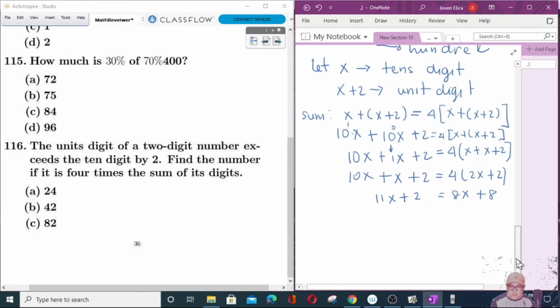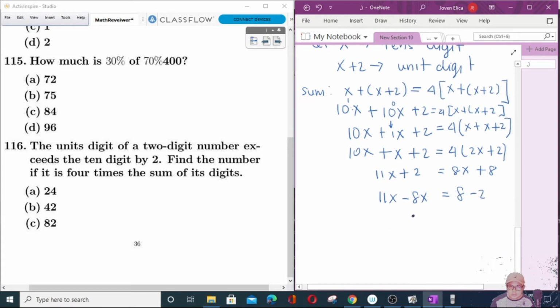Then transpose the 8x to the left and the 2 to the right: 11 minus 8 is 3x, is equal to 8 minus 2, which is 6.